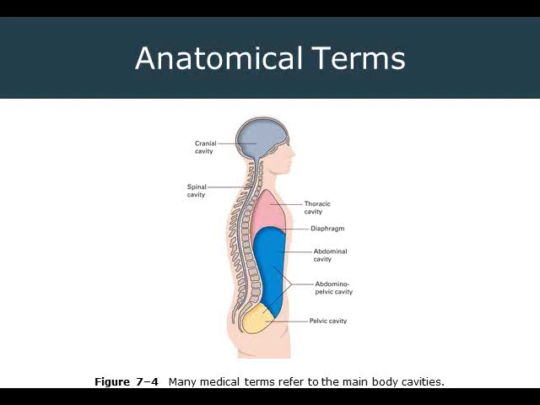We have the abdominal cavity, and the abdominal cavity is everything south of the diaphragm till where you get down to the pelvic bowl. So kind of where the pelvis is the dividing point there. And so the abdominal cavity contains most of your digestive organs.